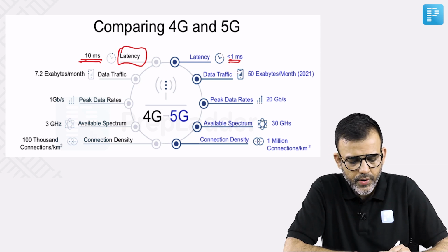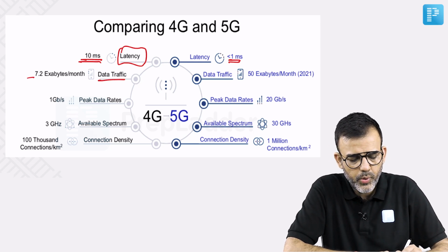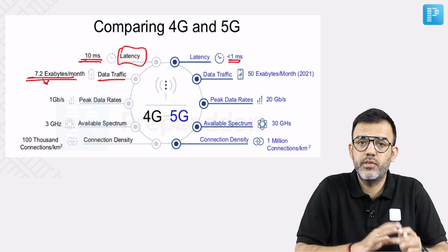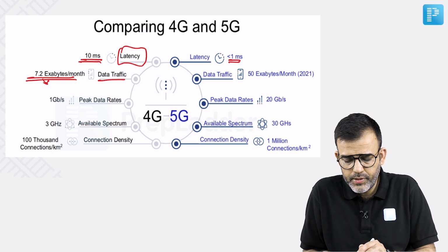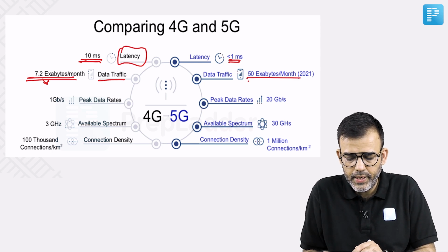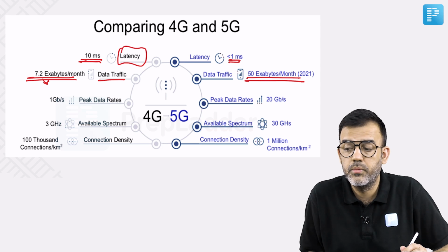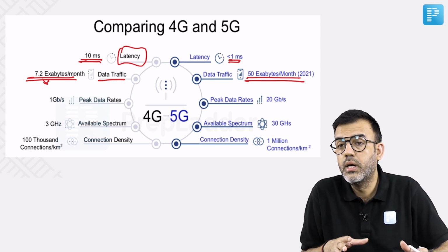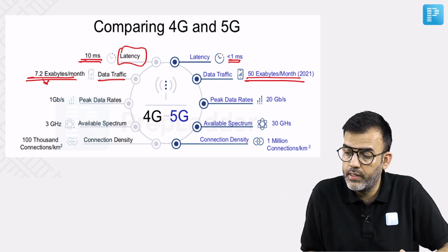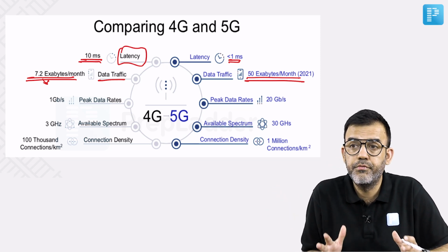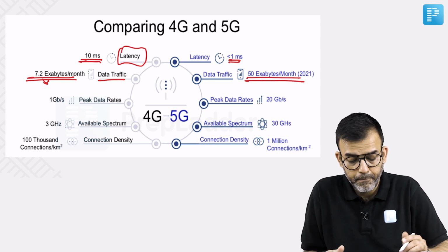As far as data traffic is concerned, 7.2 exabytes per month is what we are witnessing in 4G. With 5G, it will become 50 exabytes per month. From 7.2, that is more than a 7 times overall increase in 5G.